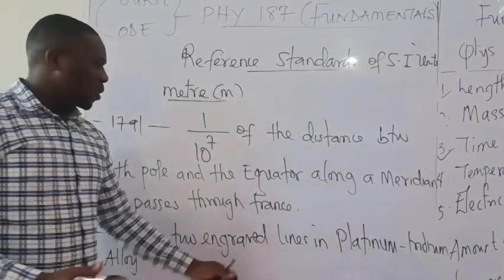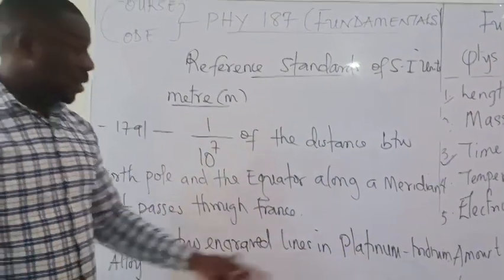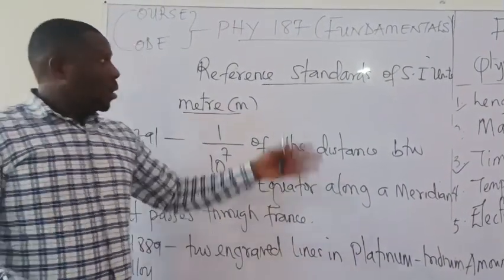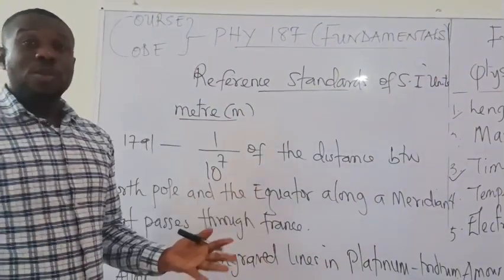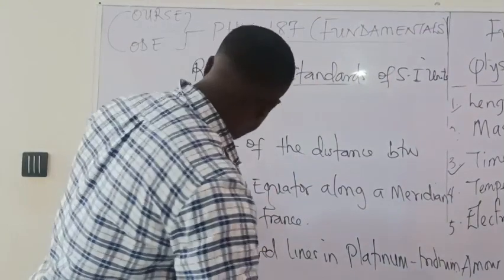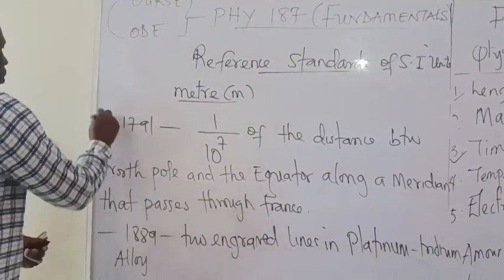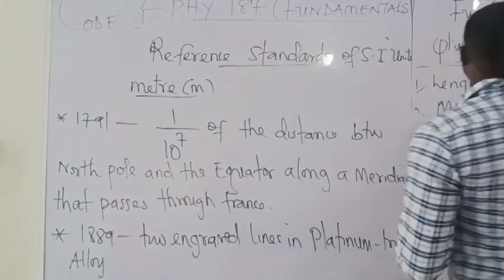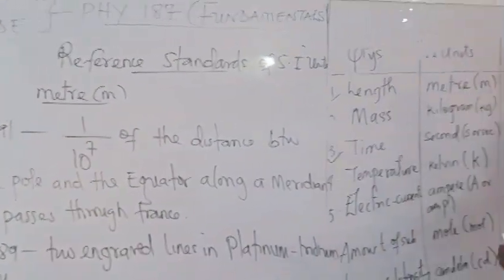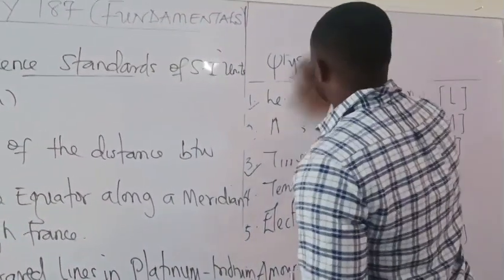Along the line, it was discovered that due to the coarseness of these fine lines, the standard couldn't really be reproducible or precise. So this was actually given up. And of course, it stretched to 1960.